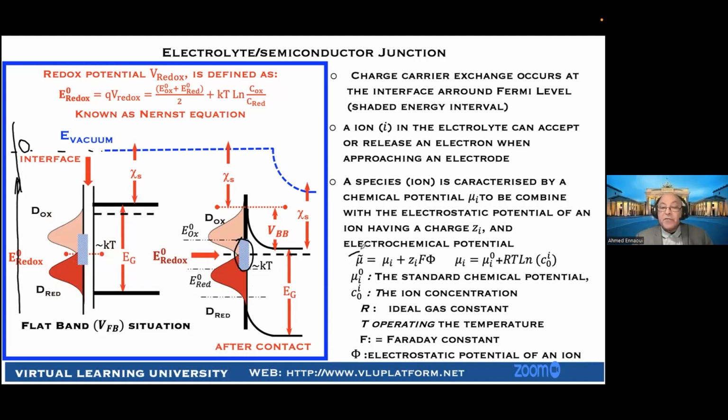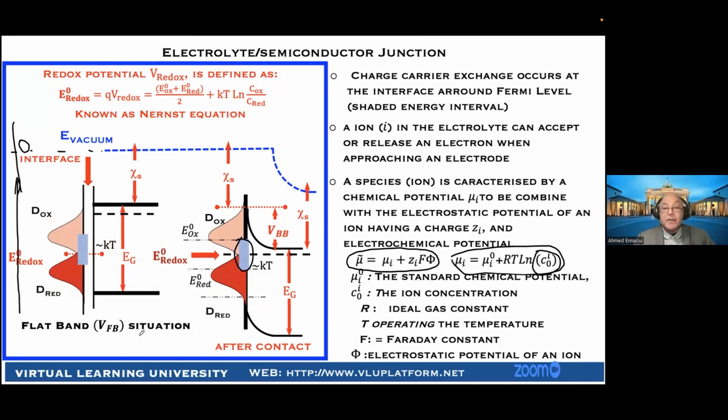This kind of relationship, the chemists know it very well: the electrochemical potential, which is equal to the chemical potential plus the Faraday constant multiplied by this quantity here. You can see this for every species with this relationship, where you have the concentration of the species in the electrolyte here. So this is a background. Maybe sometimes we can go back to this background to understand.